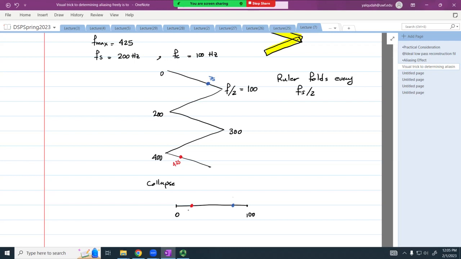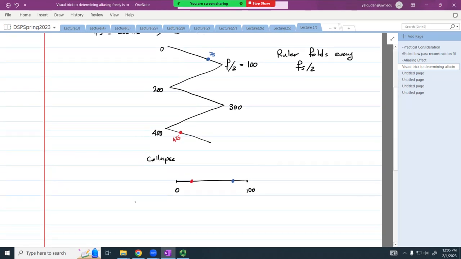And therefore, what are the frequencies that are going to be in my reconstructed signal? 25 and 75 hertz. Is that clear, everybody?